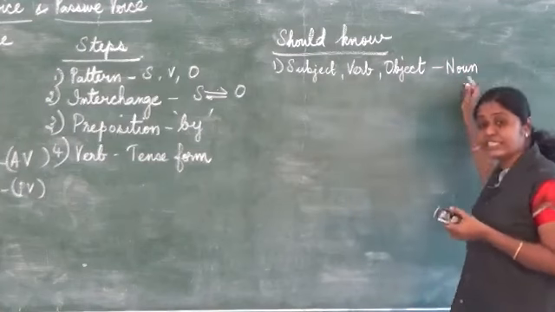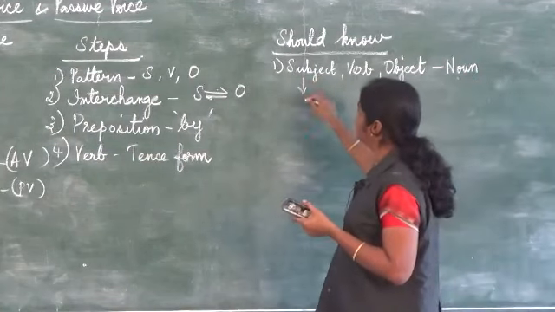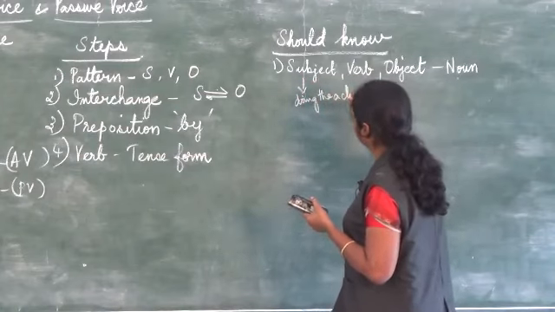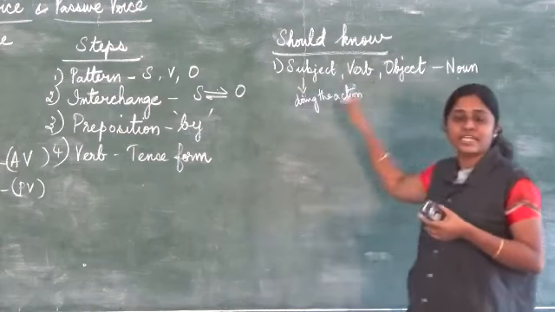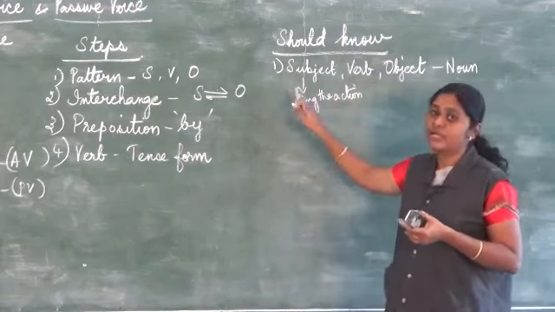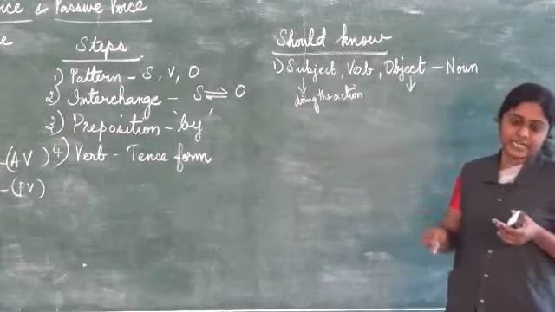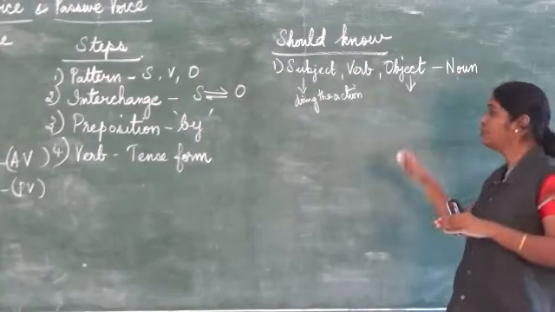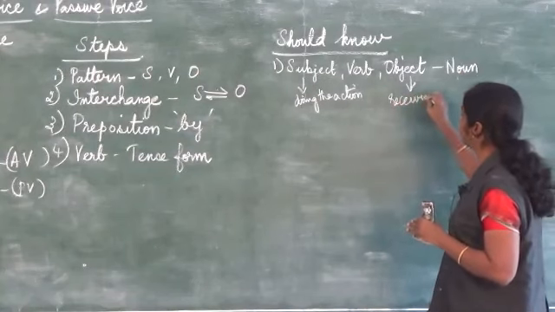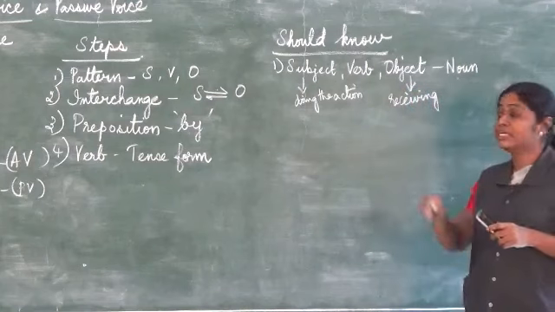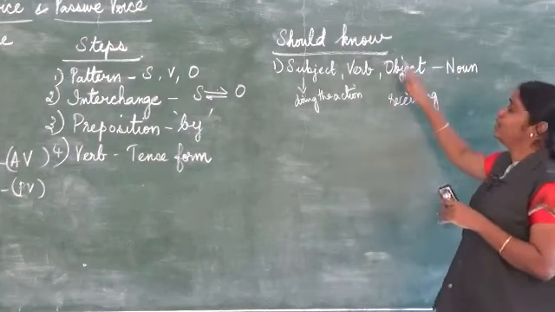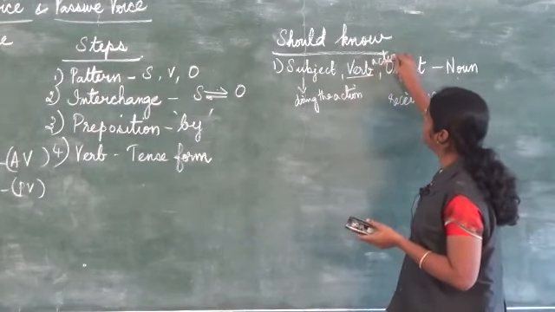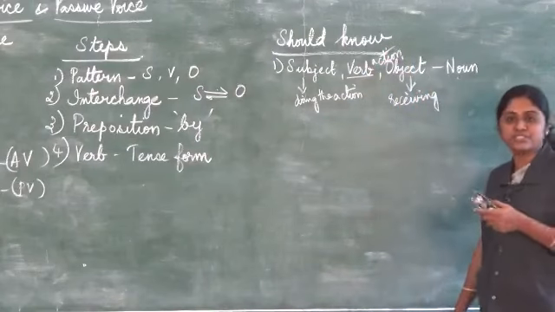So in a given sentence, if the noun is doing the action, then we can name that noun as subject. Of course, you will have one more noun in the sentence. In the same sentence, if there is another noun and if that noun is receiving the action, then you can identify it as object. And verb, of course, you all know very well, it is nothing but action word. It refers to action that is done.